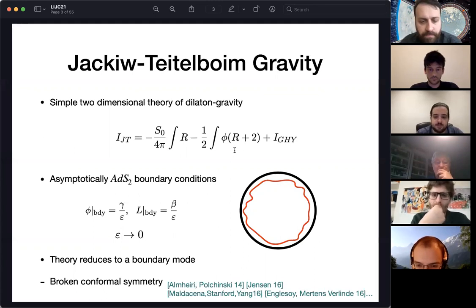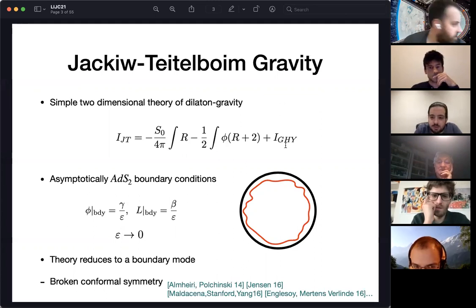Then we have the term which is linear in the dilaton, proportional to R+2, which will be important. And then we have the last term, the Gibbons-Hawking-York terms, which I didn't write down, but they are very important to get the right dynamics of the problem.